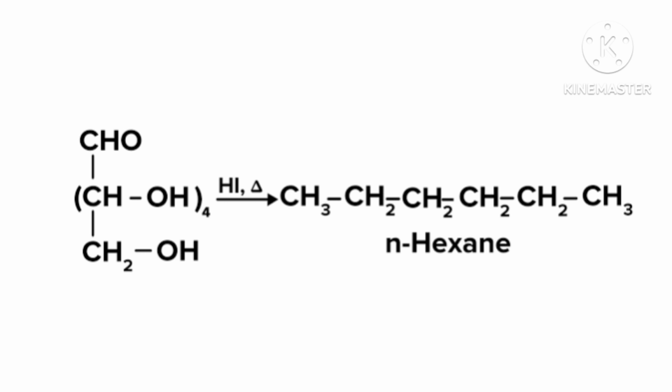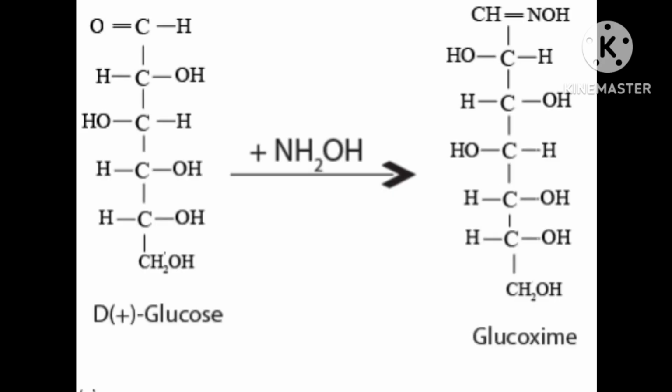This is actually the oxime, and NH2OH is hydroxylamine. Now the reaction will not stop only here. After that it adds a molecule of hydrogen cyanide, HCN. Hydrogen cyanide is HCN.